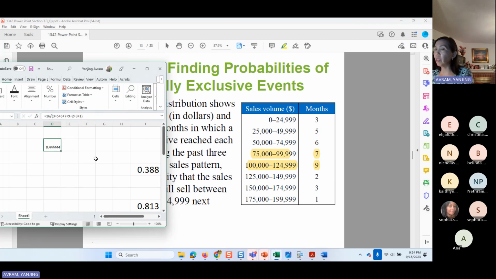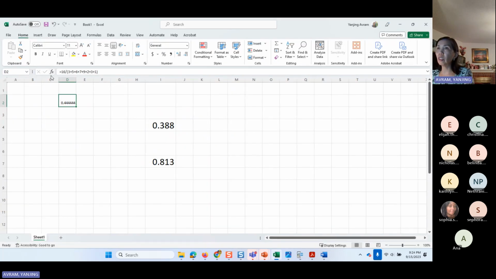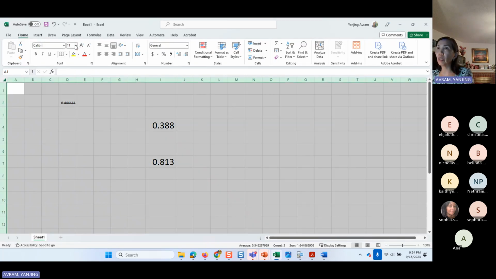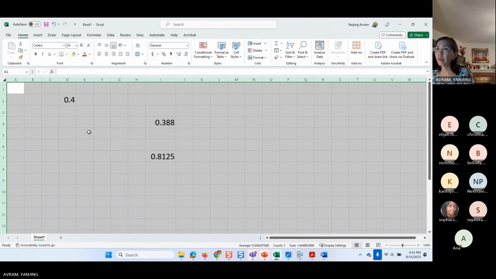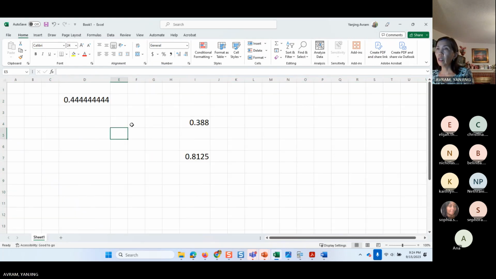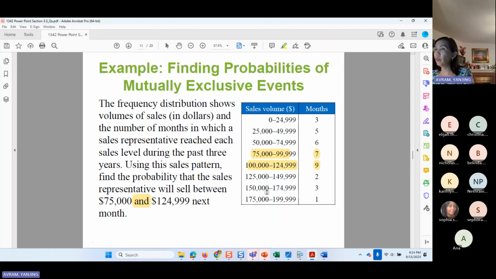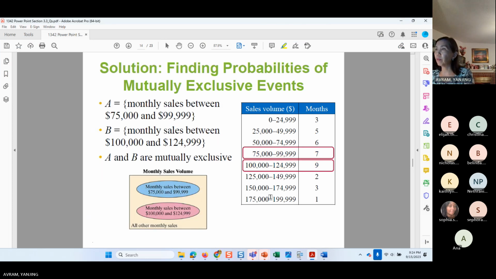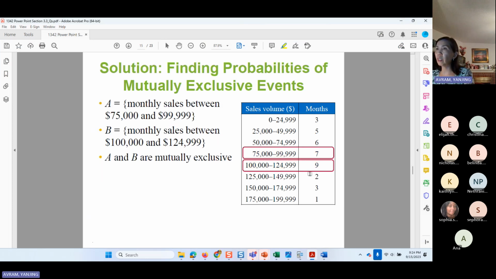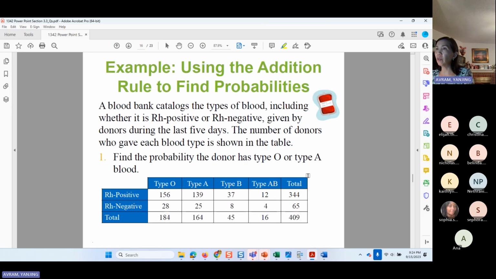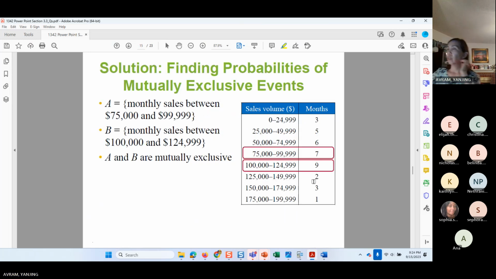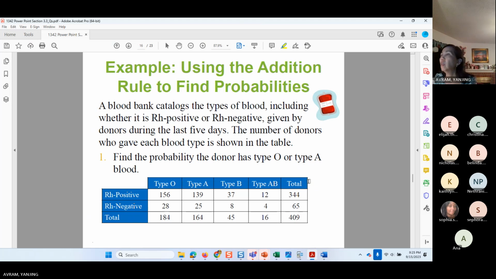All right, so 16 divided by the total, and that gives you the probability. So that is how you find this type of question. We have 7 plus this 9 together, and then we divide it by the total.